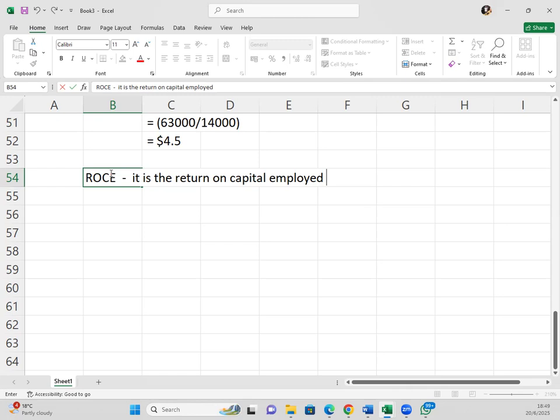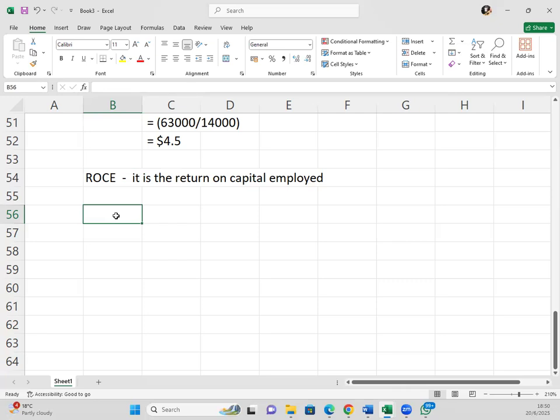So if we are assessing the rate of return, it might differ based on whether it is a government-owned entity or a privately owned entity. A government-owned entity is not profit-oriented. So they don't assess their return based on profitability.